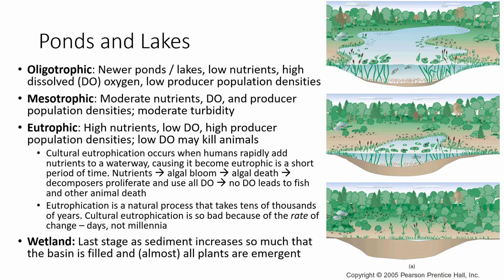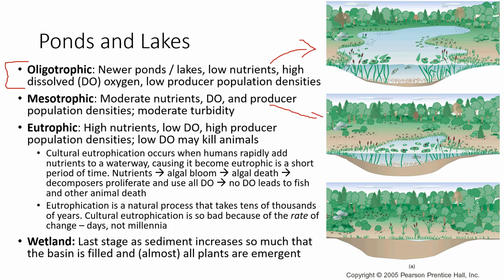Those are going to be oligotrophic ponds and lakes, very new ponds and lakes. They're going to have low nutrients, low dissolved oxygen, very clear water, and low producer population densities. You're going to have some primary productivity, but not as much as in these later stages.